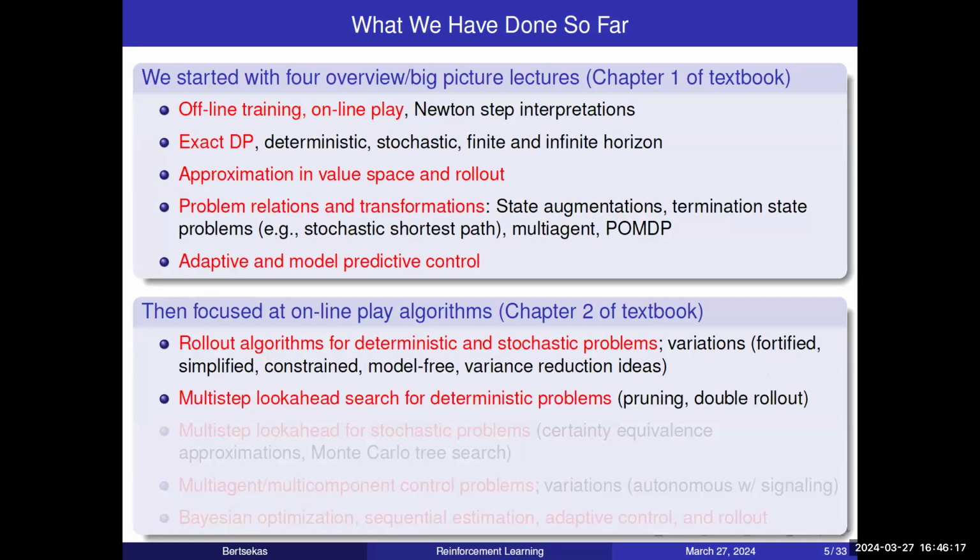This involves pruning and double rollout. In particular, double rollout, we have presented in the context of the most likely sequence selection problem. And we also talked about multi-step look-ahead for stochastic problems. And here we might need to use certainty equivalence approximation and Monte Carlo tree search.